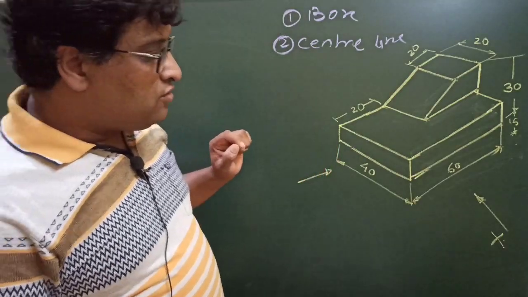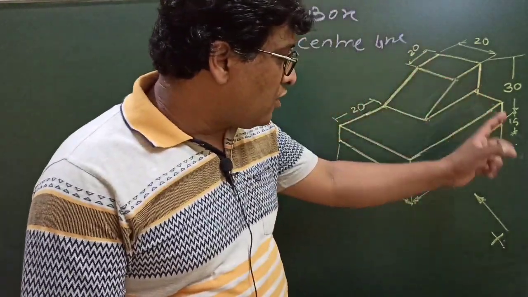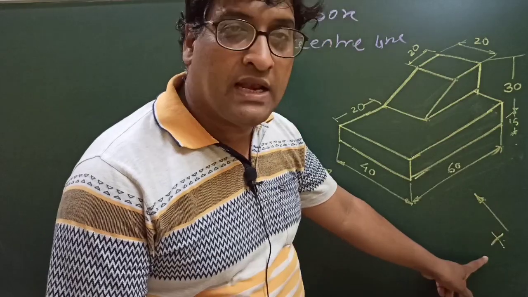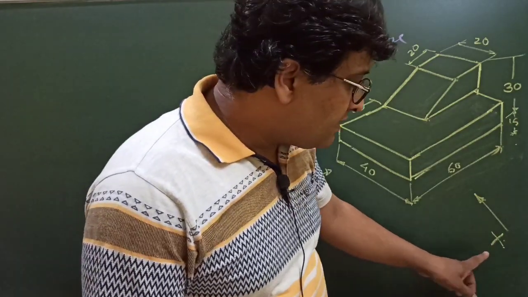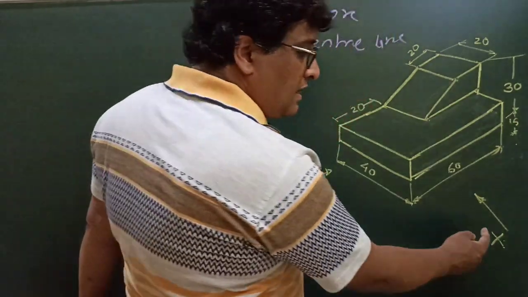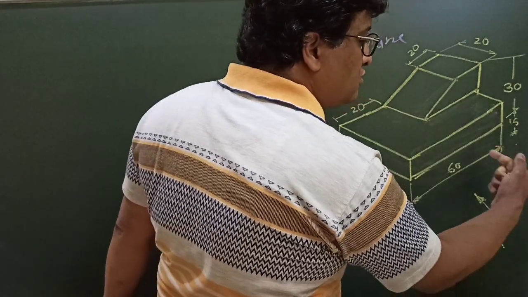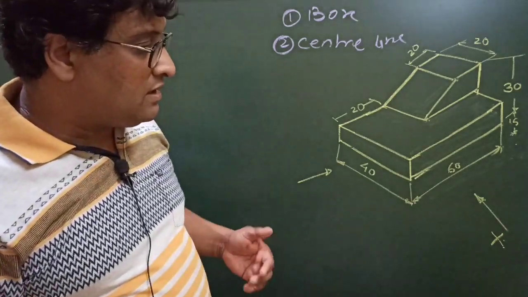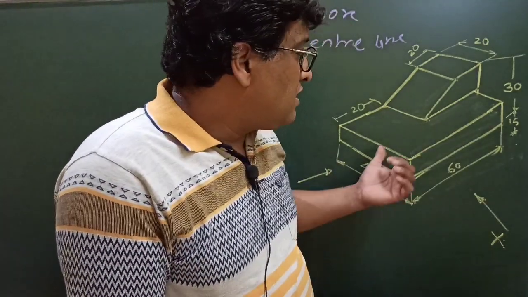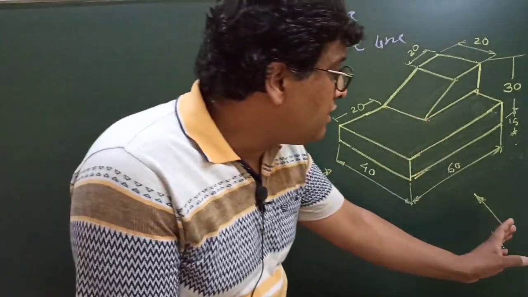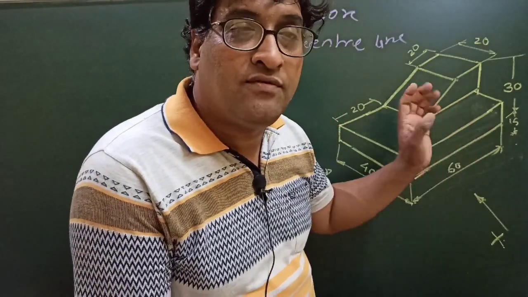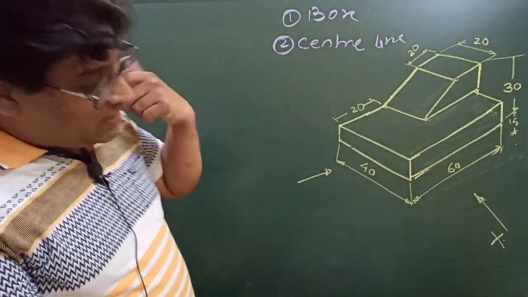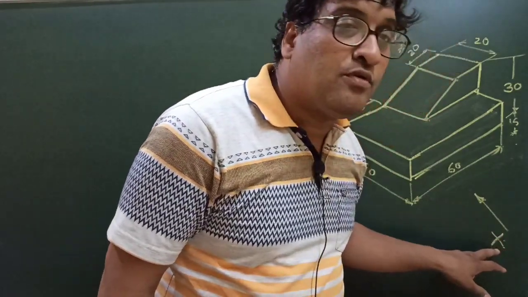What you need to do, first, you have to find this arrow with the capital X. This arrow and capital X represent that you have to draw the front view from this direction, because you may be a little confused whether to draw this as the front view or this direction should be taken as the front view. In most of the problems this X is provided to you.